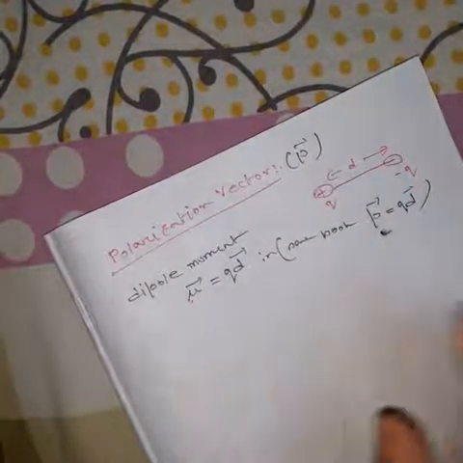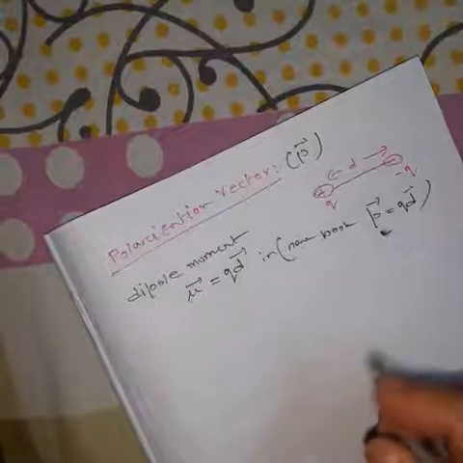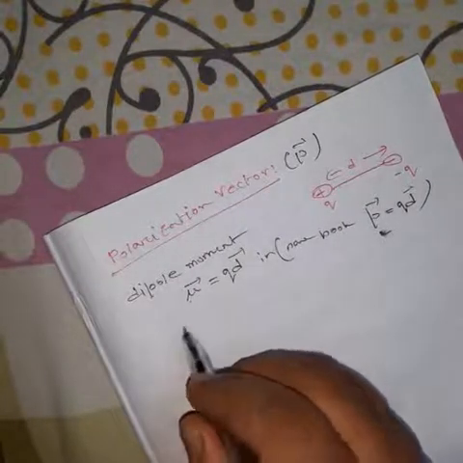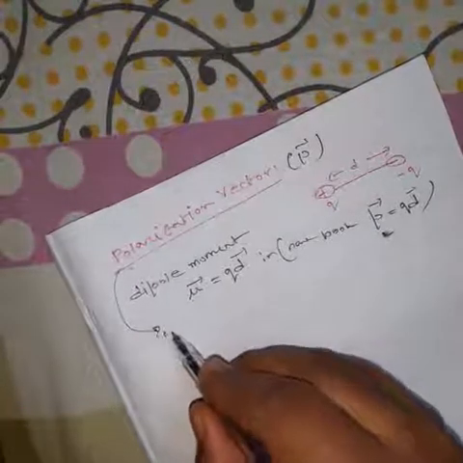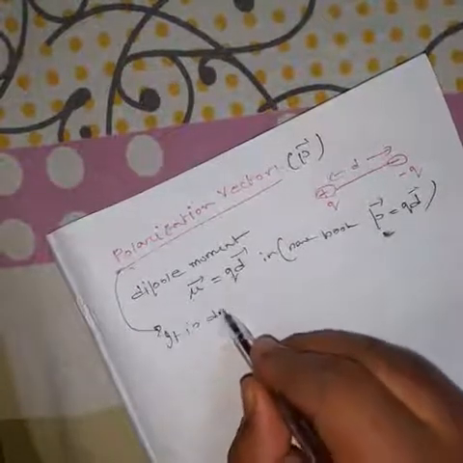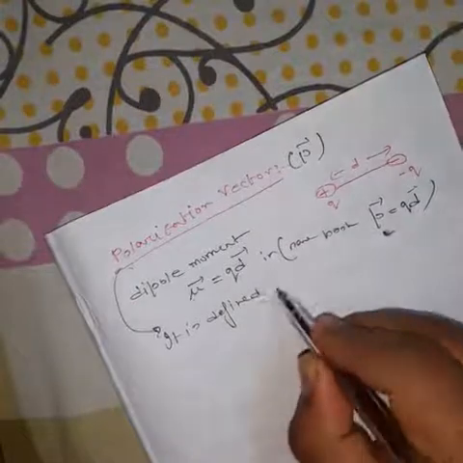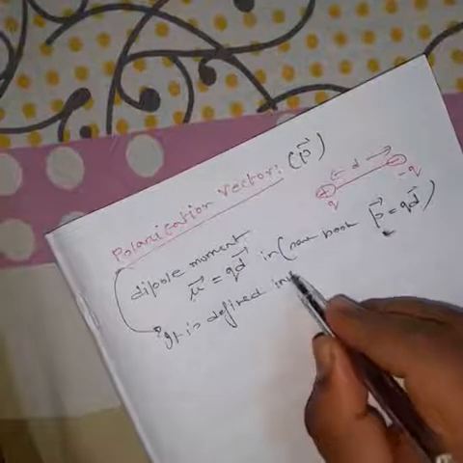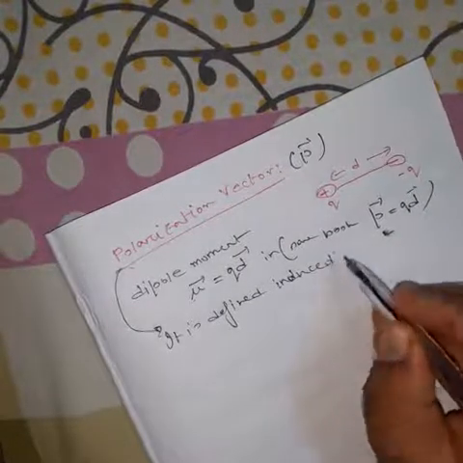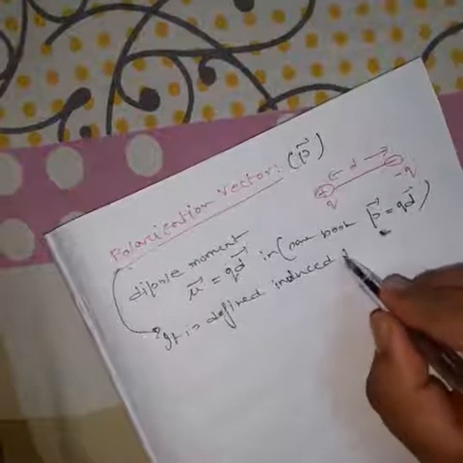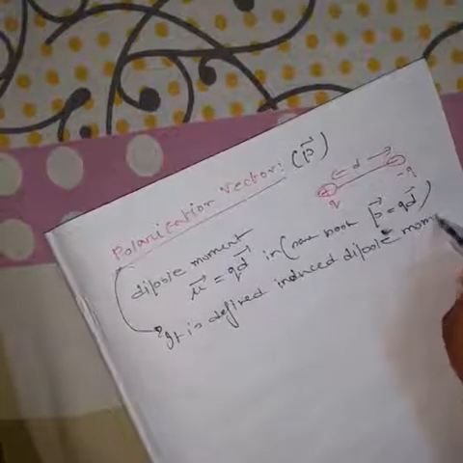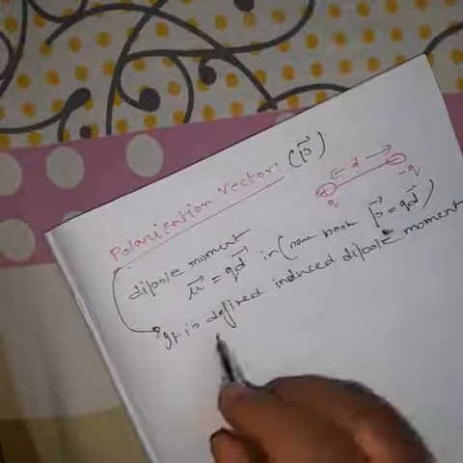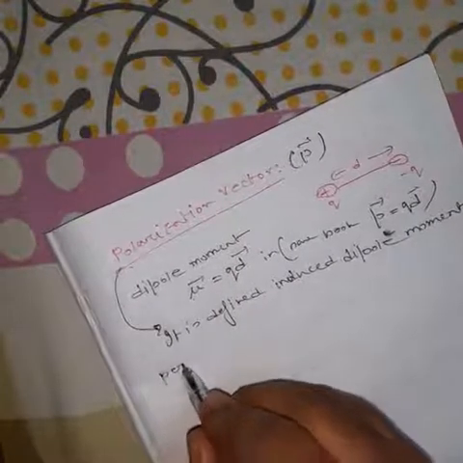We are using mu. So let us now discuss this polarization vector. It is defined as the induced dipole moment per unit volume.